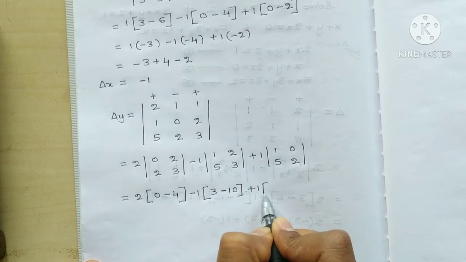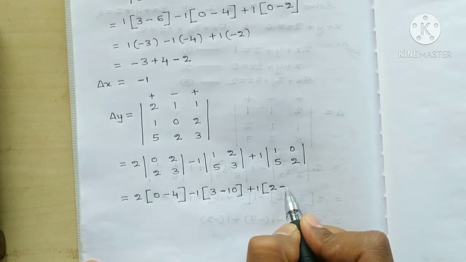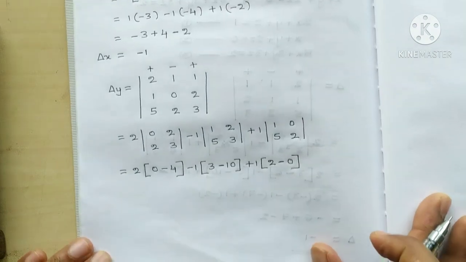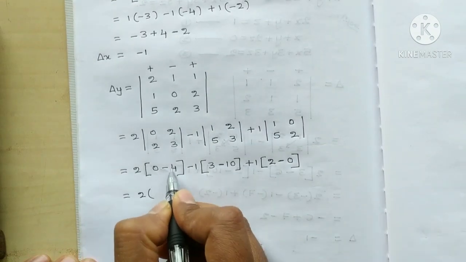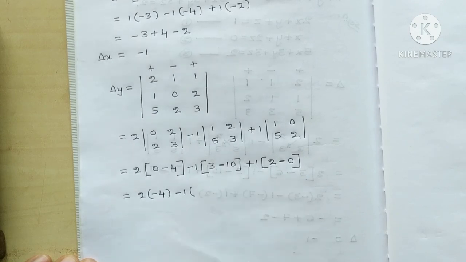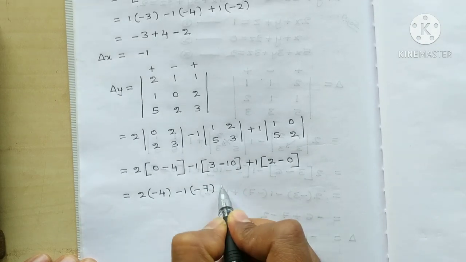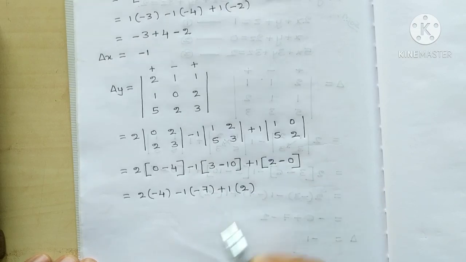Plus 1 into bracket 1 into 2 is 2 minus 5 into 0 is 0. Next, which is equals to 2 into 0 minus 4 is minus 4, minus 1 into 3 minus 10 is minus 7, plus 1 into 2 minus 0 is 2.